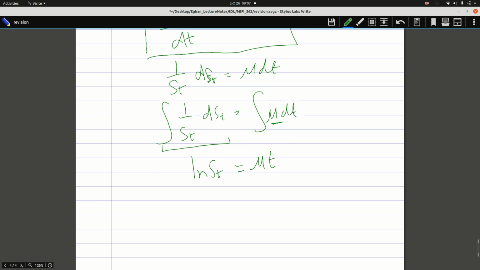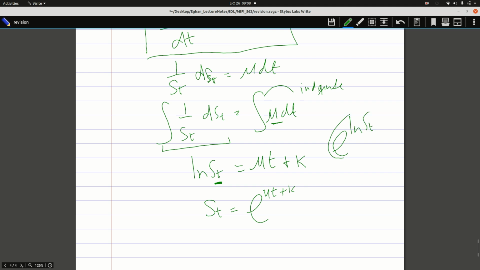Now I want to find the stock price at any given time t. To have this, it means I must take the exponential of both sides. Don't forget that integration gives us a constant of integration, because this is an indefinite integral. So I take exponential of this plus k. Exponential and the ln function, they are inverse, they are related, so this caters for that.